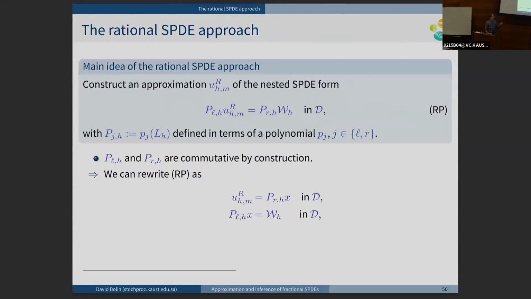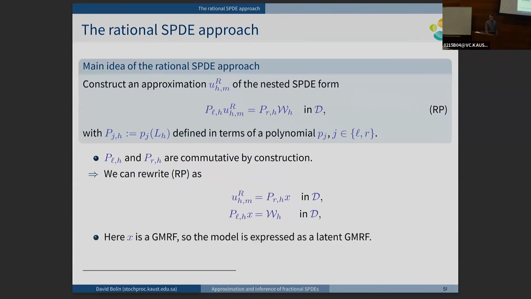So because of this, you can rewrite that as a system of two equations, where this is then a standard non-fractional elliptic PDE. So this is basically by this standard SPDE approach, this would give you a Gaussian-Markov field approximation. So essentially, this is a latent GMRF.